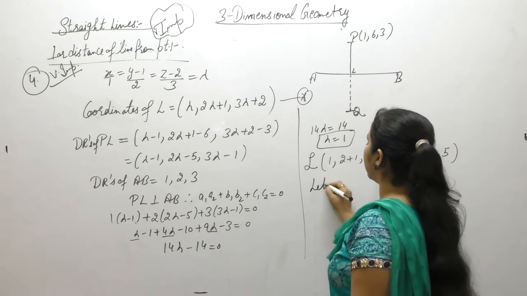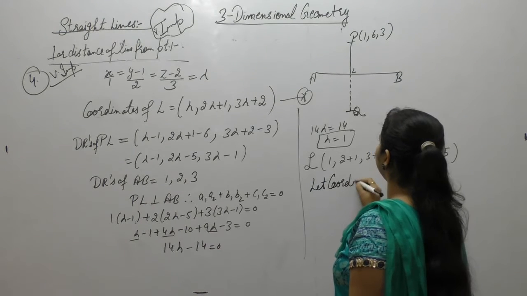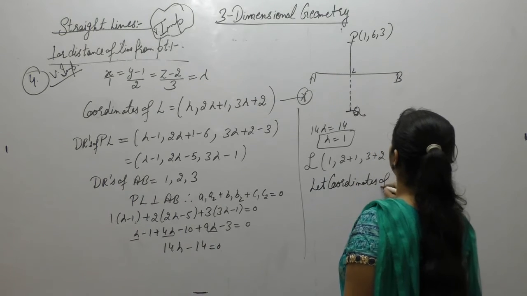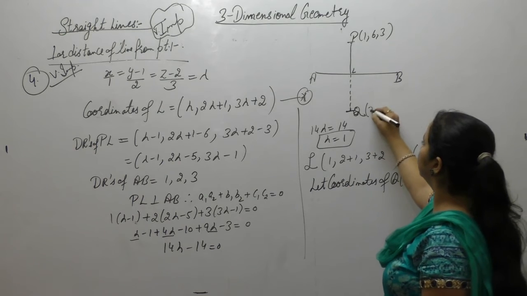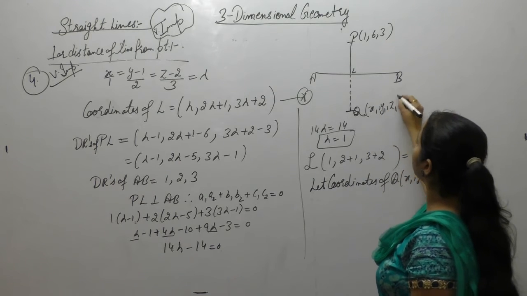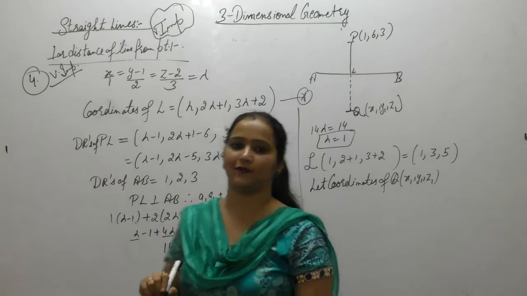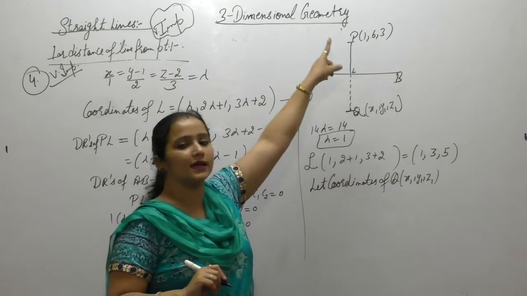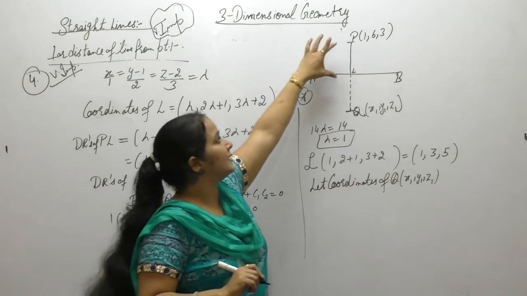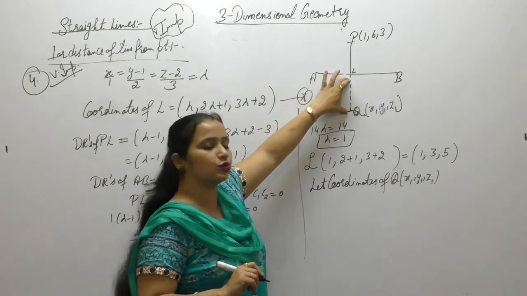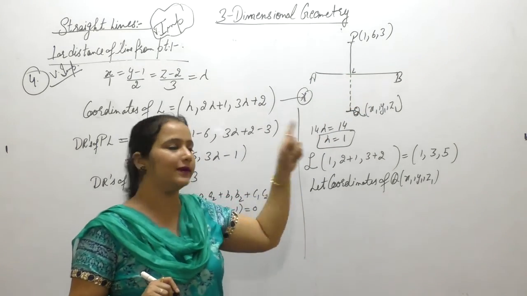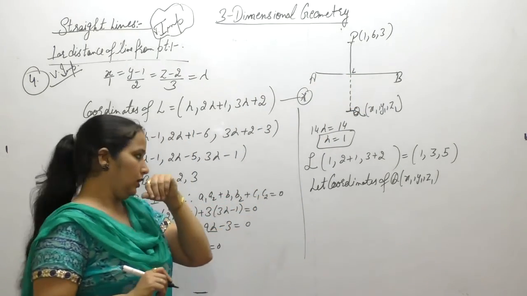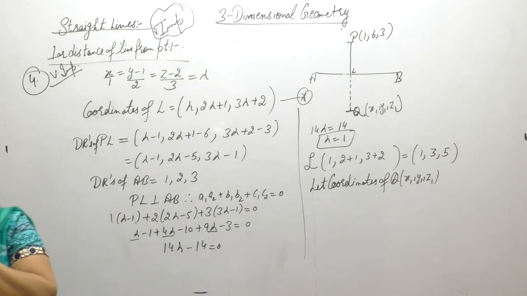Let the coordinates of Q be x1, y1, z1. We assumed the coordinates of Q as x1, y1, z1. Since Q is the image of point P, the image will be as far below as P is above. It means L is the midpoint of PQ.